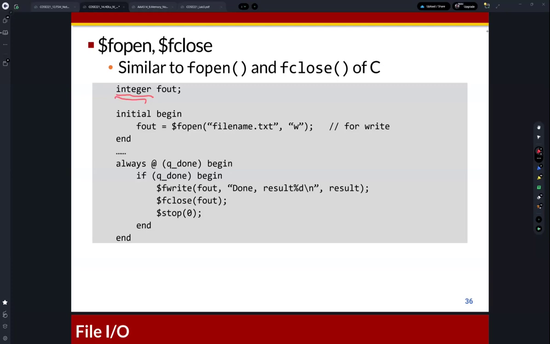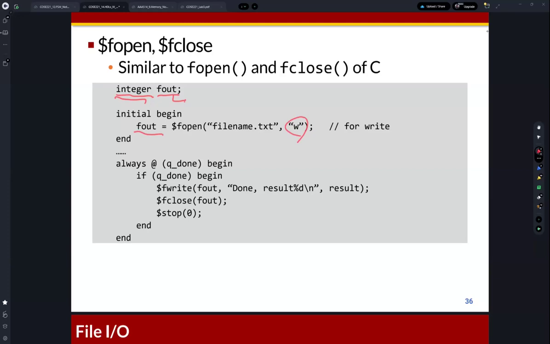So this is the file pointer. It's assigned to some file pointer here, but we just declare the file pointer as integer. Then, using the fopen function, the file is defined, so the file is opened for write.